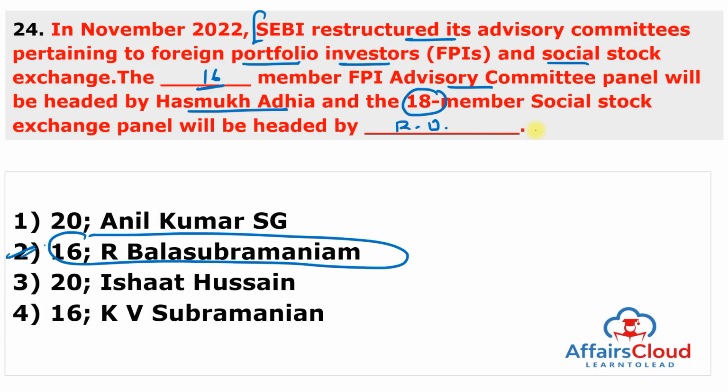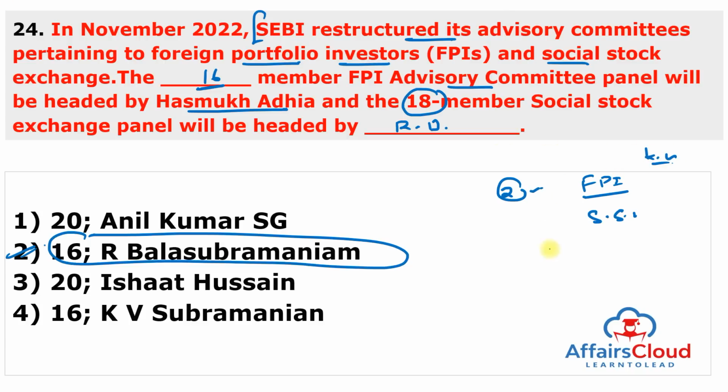So the Securities Exchange Board of India, which is the capital market regulator, has restructured its 2 advisory committees. One is the Foreign Portfolio Investors Committee and the second is the Social Stock Exchange. Former Finance Secretary Hasmukh Adhia ji will now chair the 16-member Foreign Portfolio Investor Advisory Committee panel, which was earlier headed by K.V. Subramanian, the former Chief Economic Advisor to the Government of India.